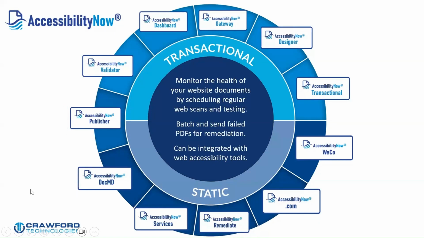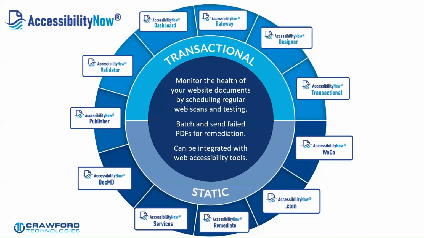So if, for example, you have publicly facing PDF documents on your website, you might want to monitor that those documents are accessible on a regular basis, particularly if you have a large changeover of content on that website or a high volume of documents on there in the first place.